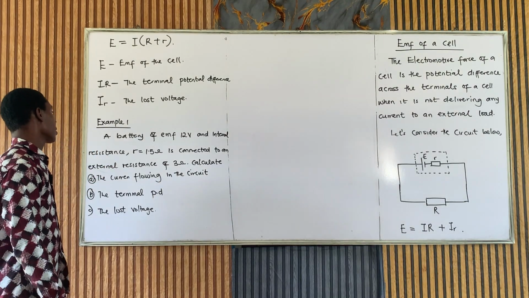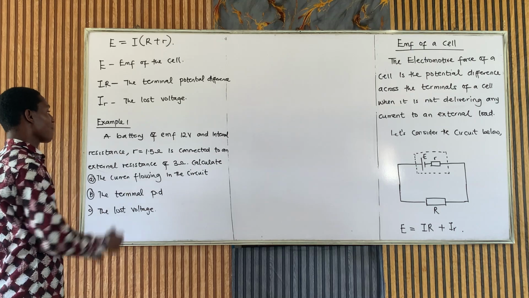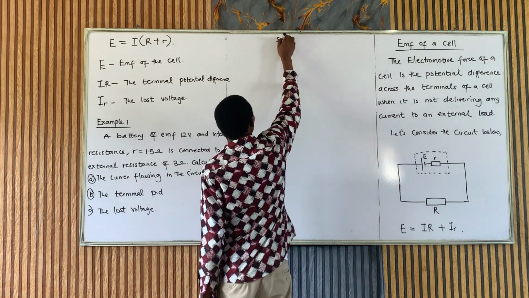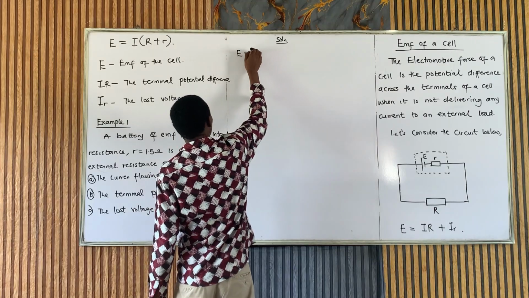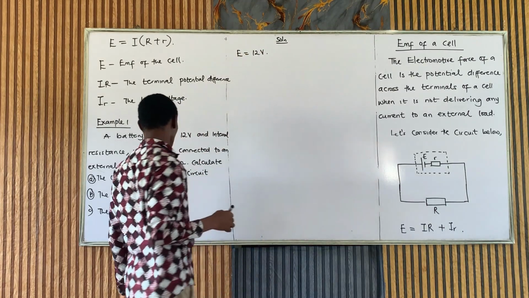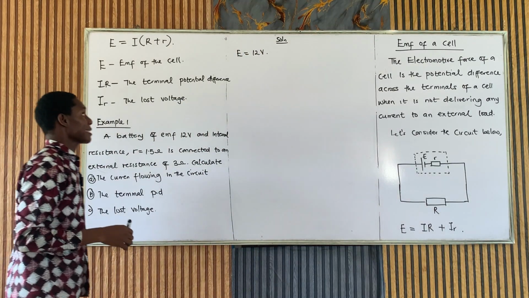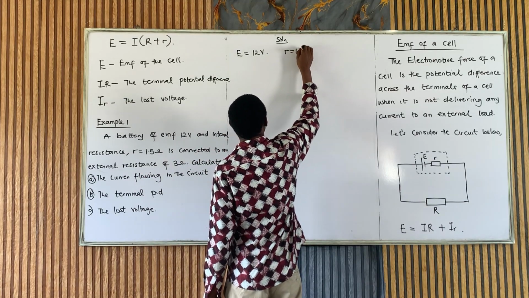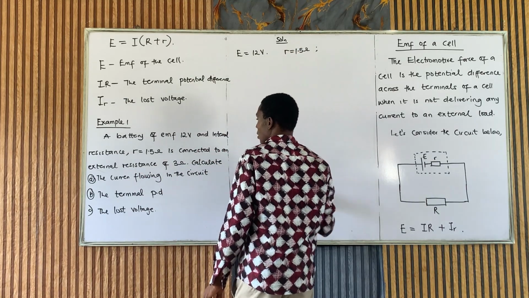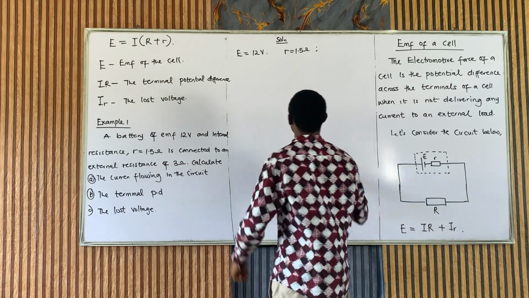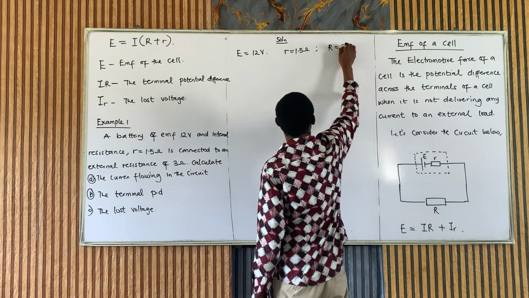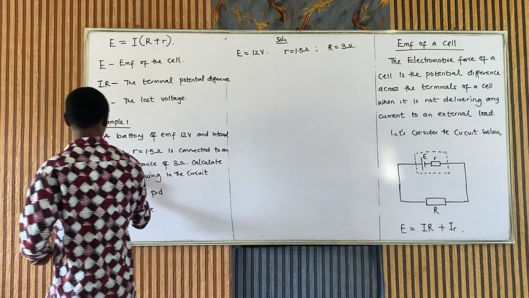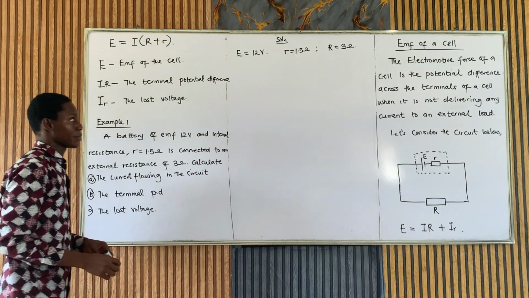Example 1. A battery of EMF 12 volts and internal resistance 1.5 ohms is connected to an external resistance of 3 ohms. Calculate the current flowing in the circuit.